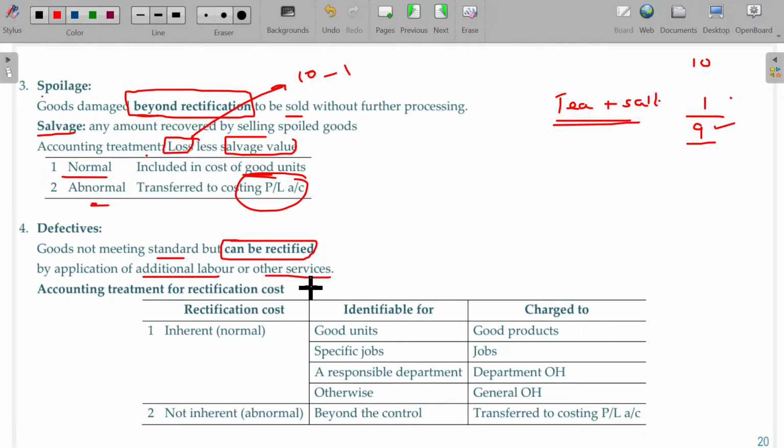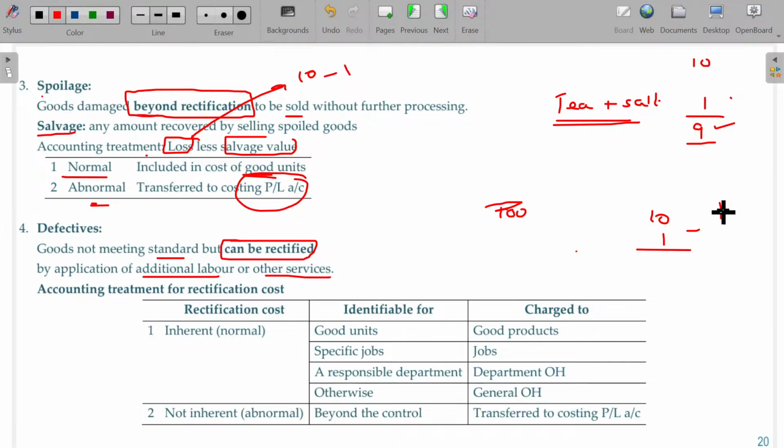In this case, 100 rupees is the product cost. What happens? It is not as per my expectation. Otherwise tea cost is 10. Suddenly I forgot to add milk, or sugar is high. The customer immediately demands extra milk. For extra milk maybe 1 rupee. By adding the extra milk, now tea is okay, perfect.